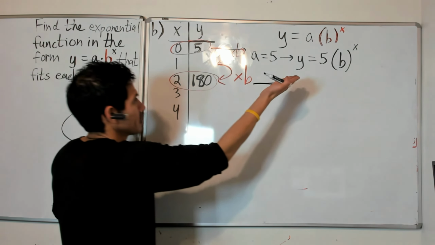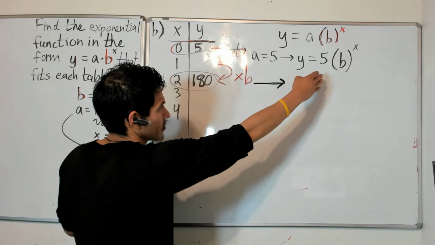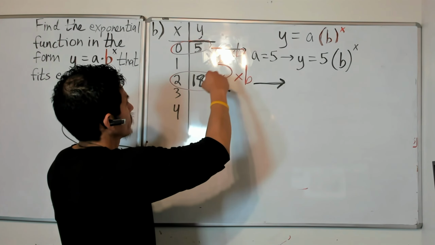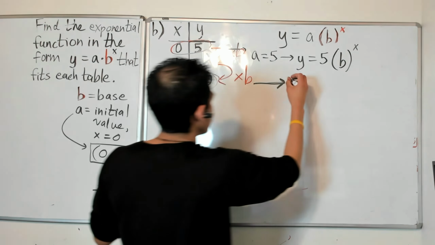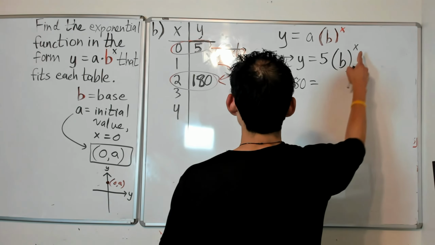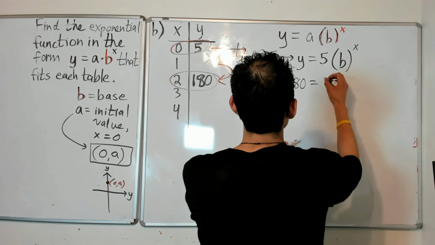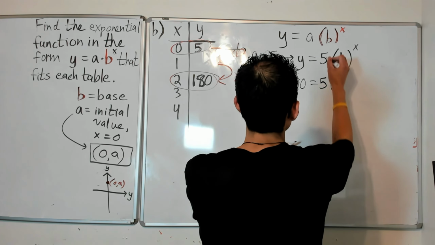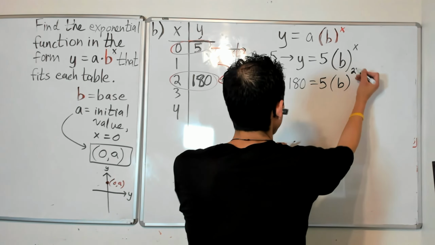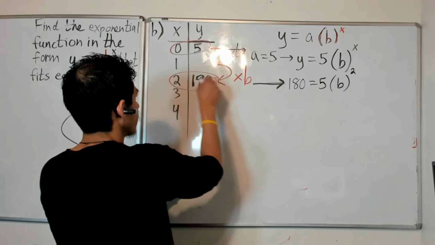But what this means is that we can do this using an equation. Let's say when y is 180, we know that x is 2. The a is still 5 because we're using this value right here.